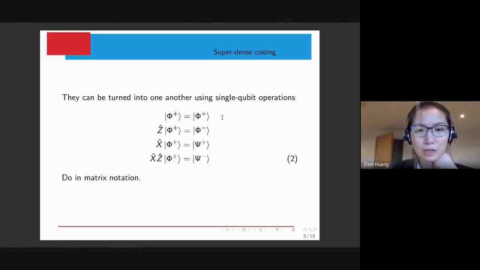So the phi plus is just the phi plus, and if you apply the Z operator to the phi plus, you end up with the phi minus. If you apply the X operator to the phi plus, you end up with the psi plus. And if you apply the X and the Z, you end up with the psi minus. So we'll do some of these on the board now.